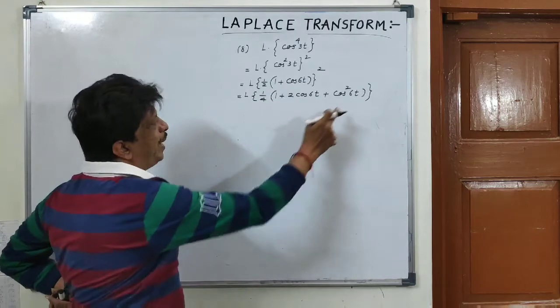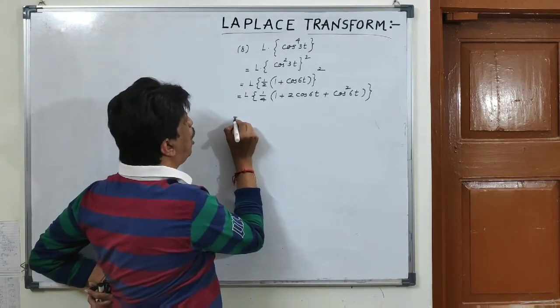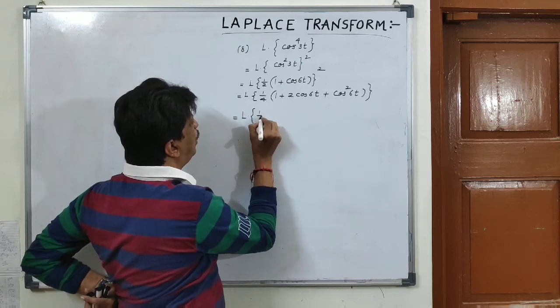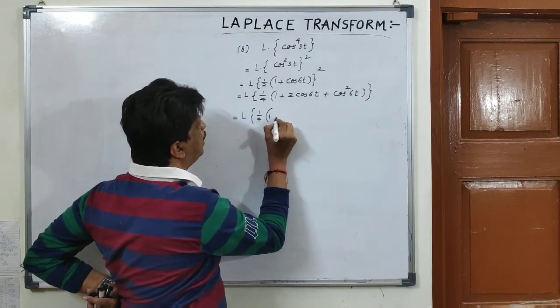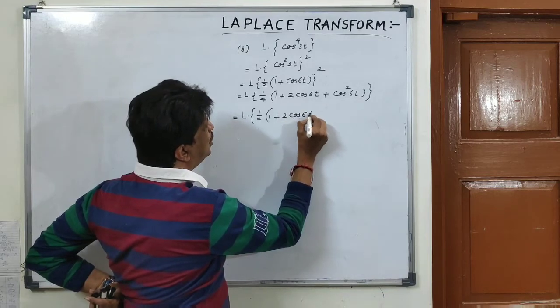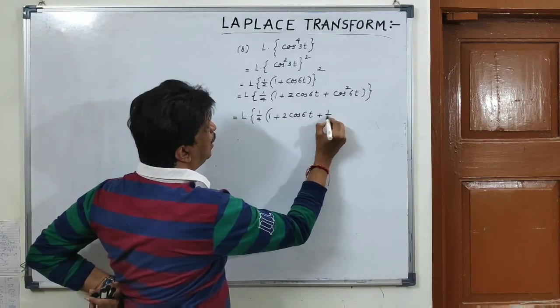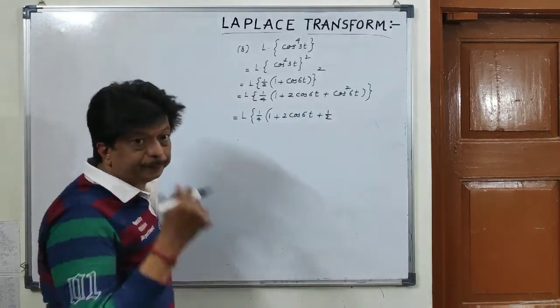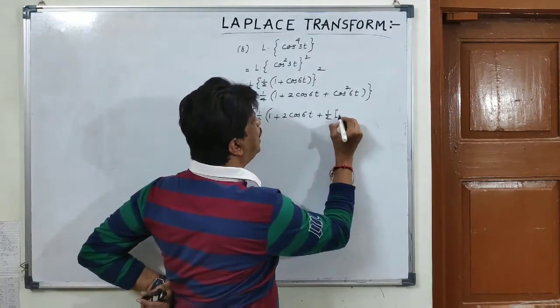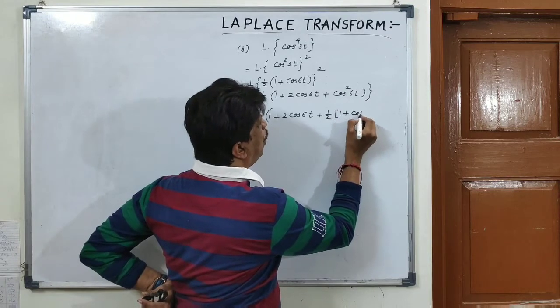Again expressing this cos square of 6t as half of 1 plus cos of 12t, I am using the formula again.